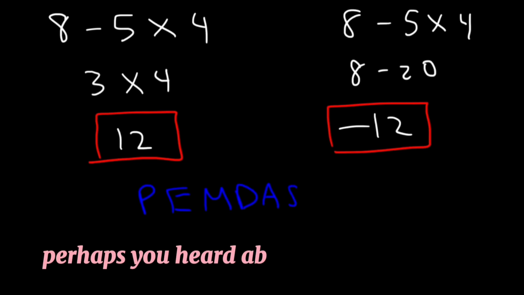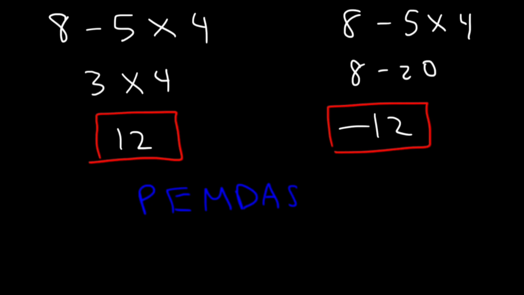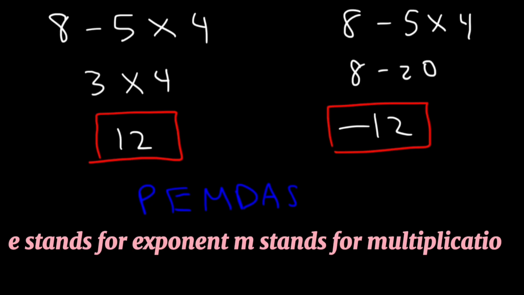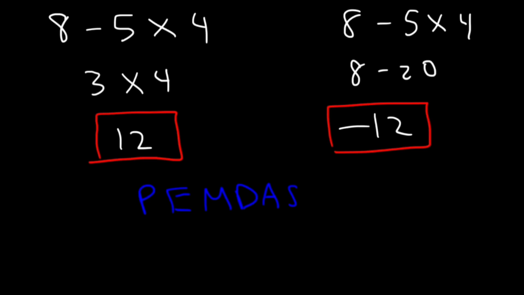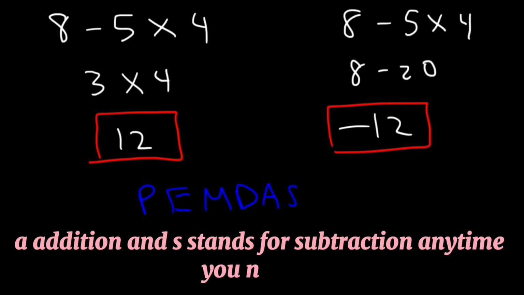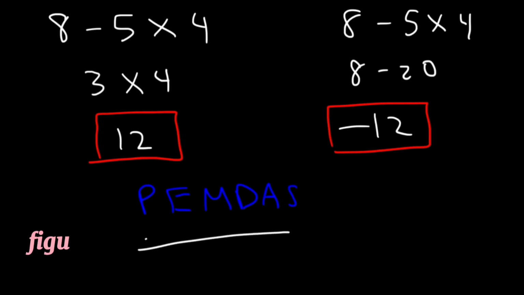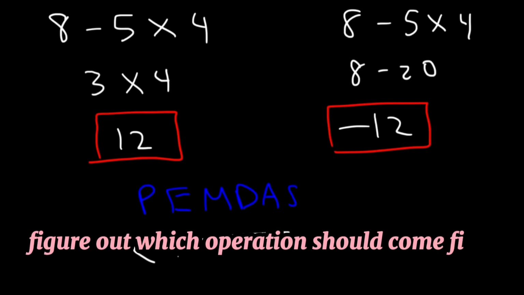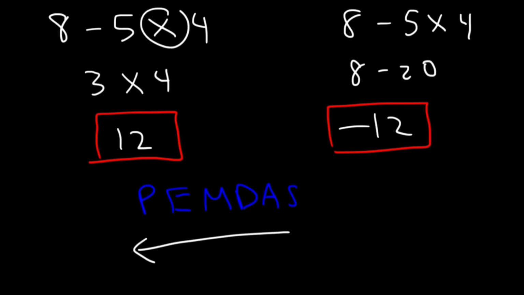Perhaps you heard about the term PEDMAS. P stands for parenthesis, E stands for exponent, M stands for multiplication, D for division, A addition, and S stands for subtraction. Anytime you need to figure out which operation should come first, look at this expression.